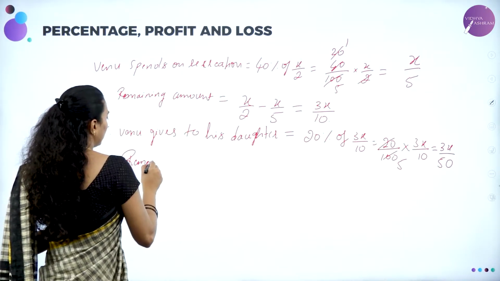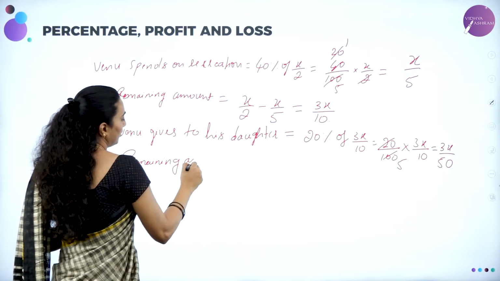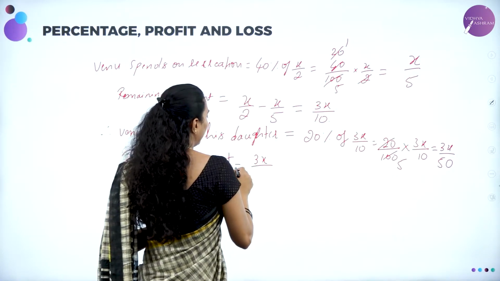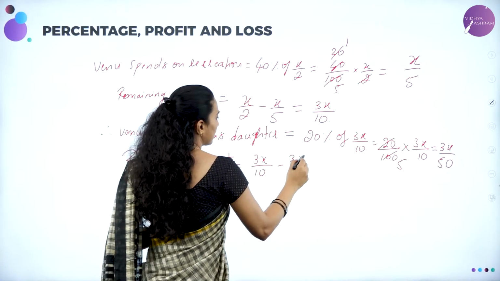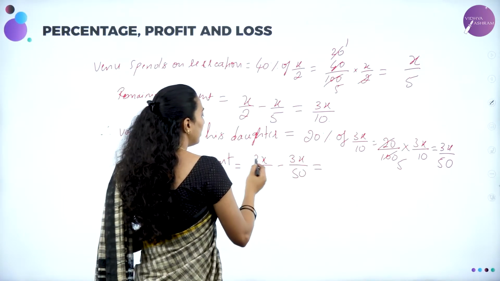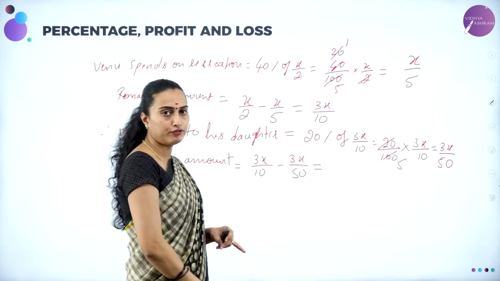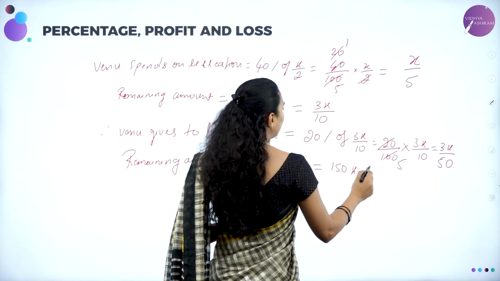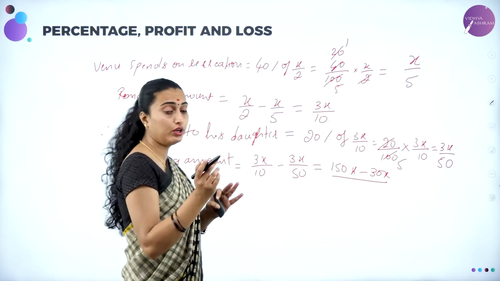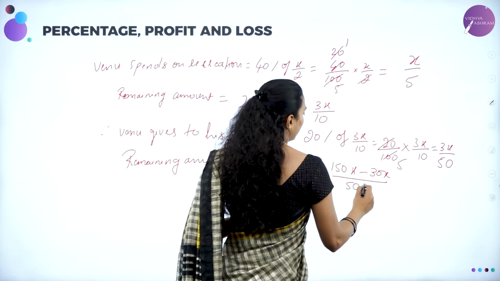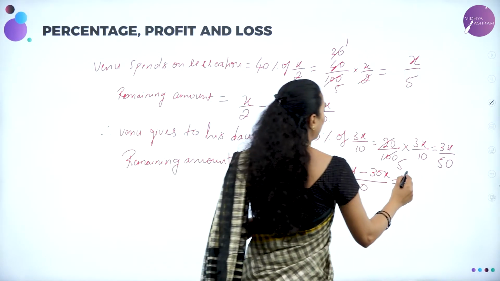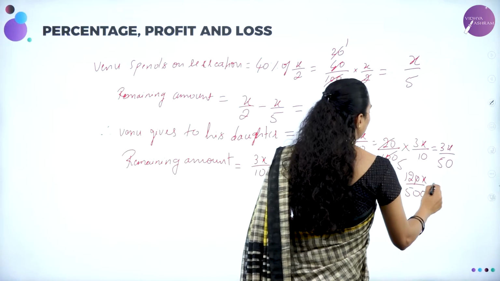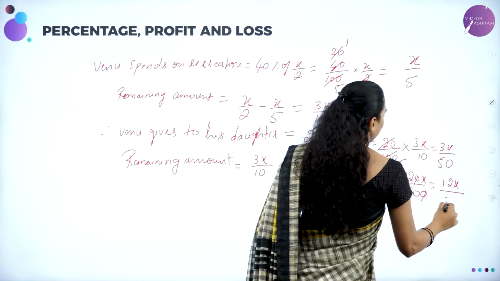The remaining amount will be 3x divided by 10 minus 3x divided by 50. So 150x minus 30x divided by 500, which is 120x divided by 500. So which is nothing but 12x divided by 50.